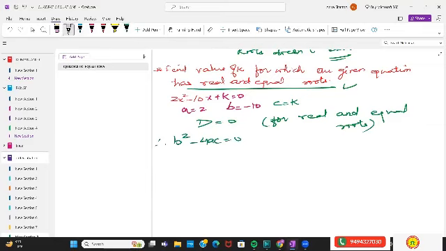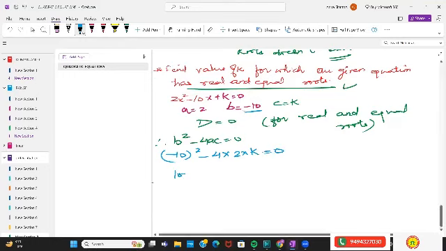Now put the values of a, b, c. The value of b is minus 10. So minus 10 square minus 4, the value of a is 2 and the value of c is k, is equal to 0. Now 10 square is 100 minus 4 times 2 is 8k is equal to 0. Then minus 8k will be equal to minus 100. Transpose this 100 to the right hand side.